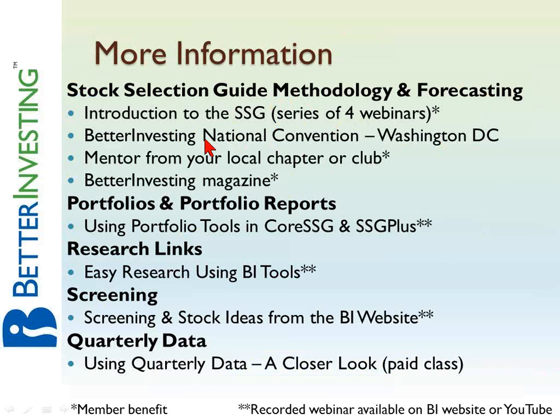We're talking 3 days of talking about stock selection guides, long-term investing, and becoming great investors. It's a high-energy event held this year in Washington, D.C. in May. You can also ask your local chapter or club for a mentor for the process, or perhaps a club visit. And there's also a wealth of information in our Better Investing magazine.